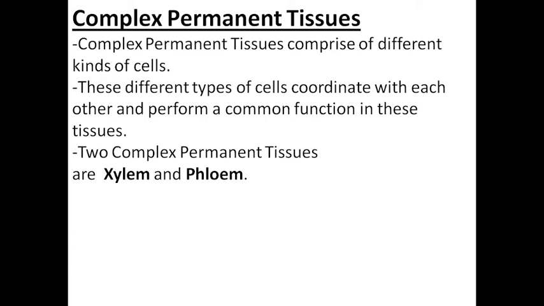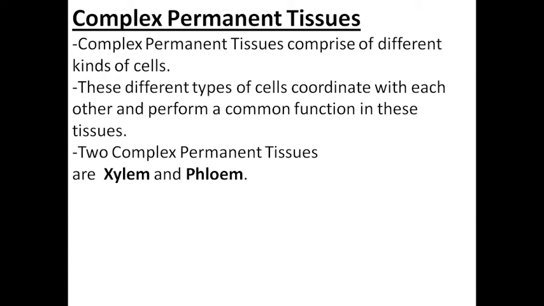Are you getting my points? Cells are different, but they are in one group, and that one group is performing one common function. Clear? So there are two complex permanent tissues which are called xylem and phloem.